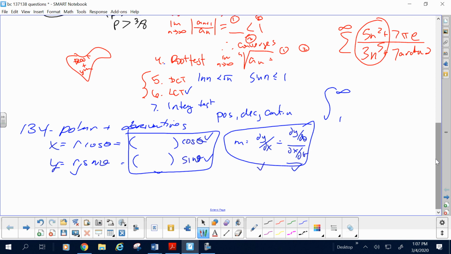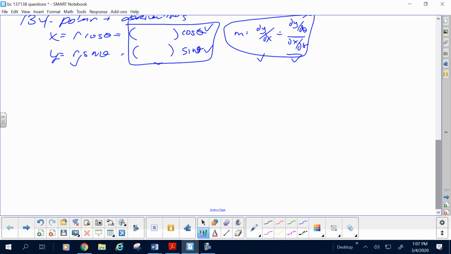I missed this one. Okay. Also in that chapter was interpreting R prime. So remember, R is equivalent to distance from the origin. So when they say when is the distance from the origin increasing, you need to interpret that as R is increasing and look into R prime.